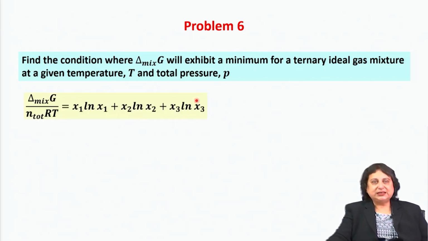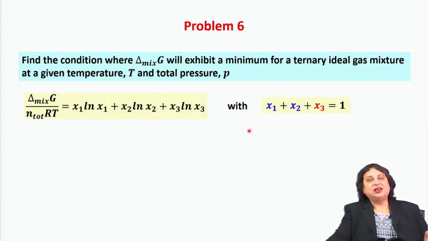In this case, instead of x1 ln x1 plus x2 ln x2, I now have three terms involving the mole fractions x1 for component 1, x2 for component 2 and x3 for component 3. But here, just like before, I have an additional constraint that x1 plus x2 plus x3 must be equal to 1.